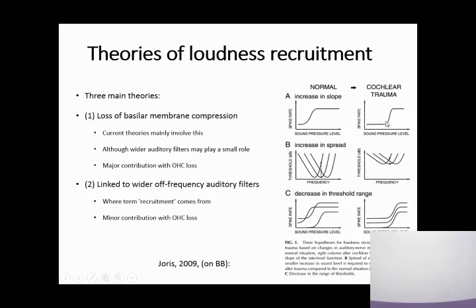This explains why the threshold is higher and why it goes steeper, and this explains why it then can go over the goal, namely you recruit too many auditory filters, and your perception tells you there's a sound in that auditory filter, and in that one, and in that one, so it must be too loud. There's a bit of arm waving, but I haven't come up with anything better than that.